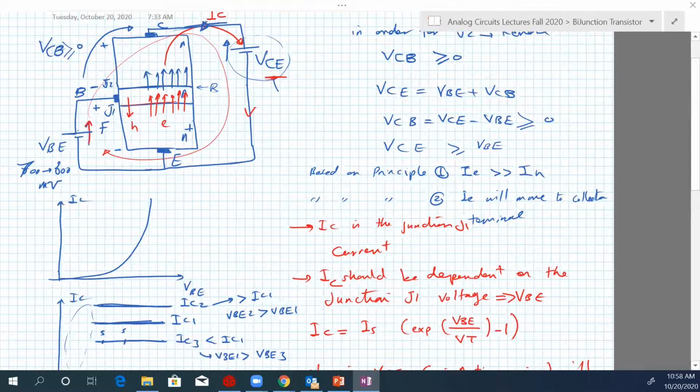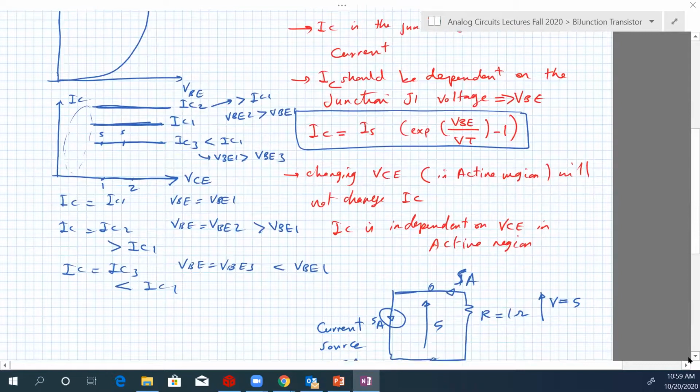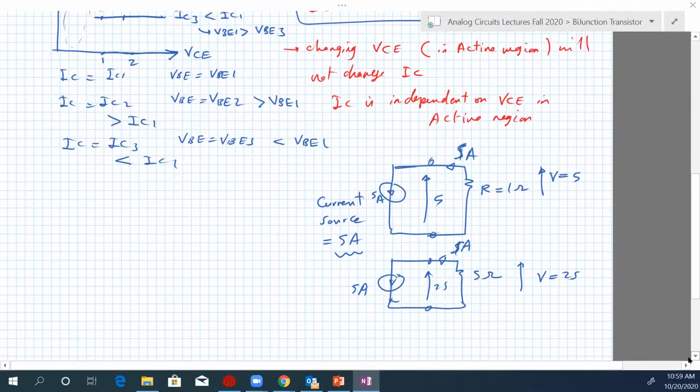It's based on somewhere else. And the second observation is that IC is actually just like a junction current, so it has an exponential relation with VBE. Okay? So that's basically the two takeaways from this.